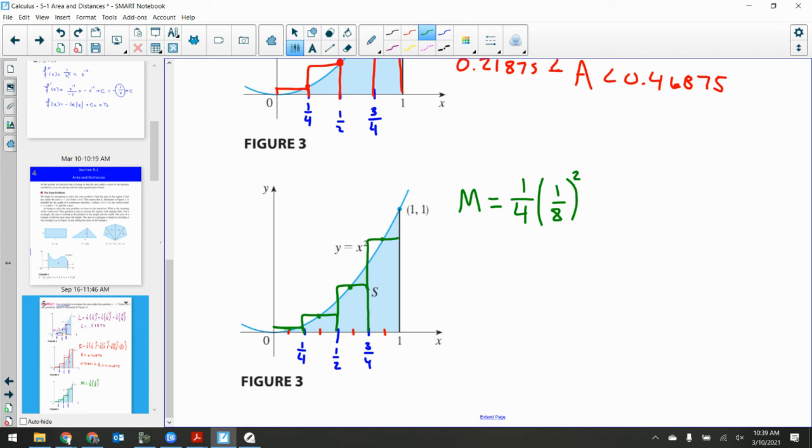Okay, the next rectangle, the base is still 1/4, but now this intermediate point is halfway between 1/4 and 1/2. What is that? 3/8. And then here, this would be 5/8. And in here, 7/8.